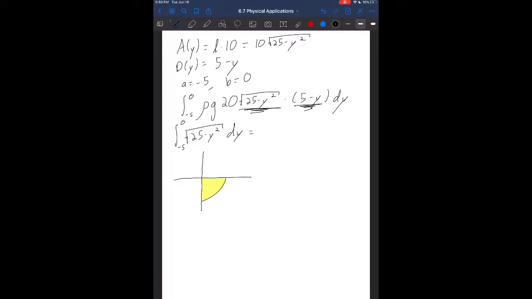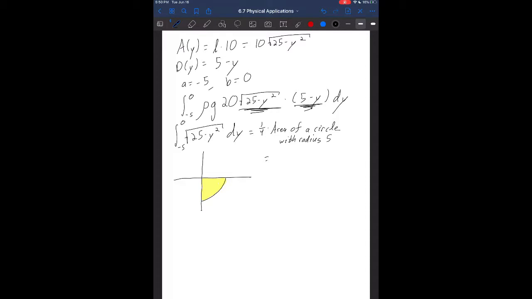So this actually is 1/4 times the area of a circle with radius 5. But we know what that is, right? We know we have formulas for circles. Circle with radius 5.